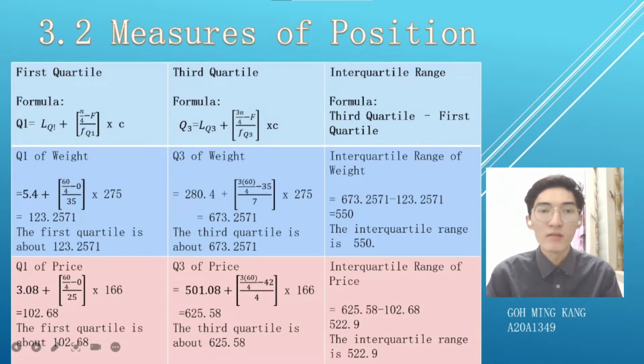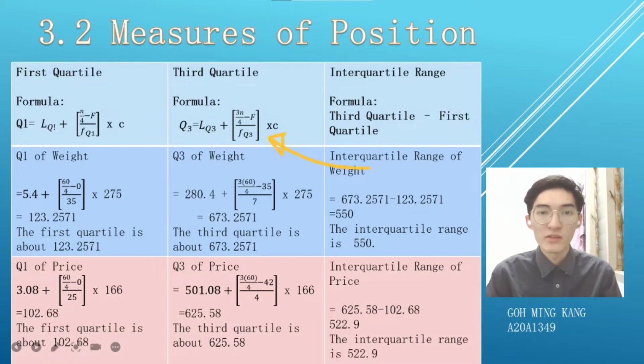Today I will present part 3.2 and 3.3, which are measure of position and variation. For 3.2, the formula for the first quartile is Q1 equals LQ1 plus N divided by 4 minus F divided by FQ1, times C. So the first quartile for wedge is 123.2571 and for the price is 102.68.